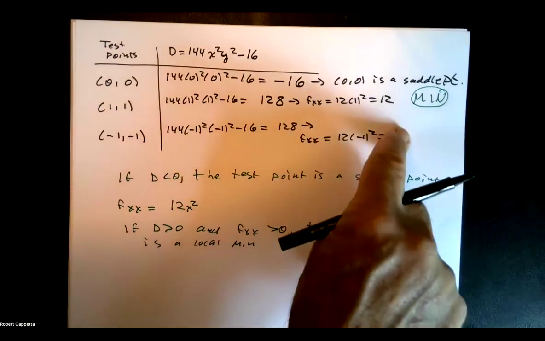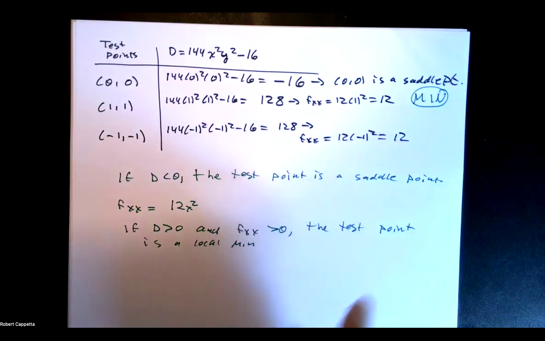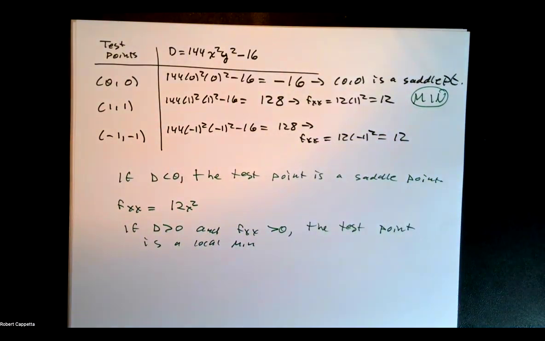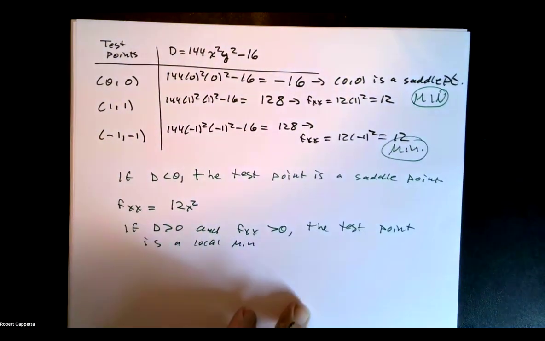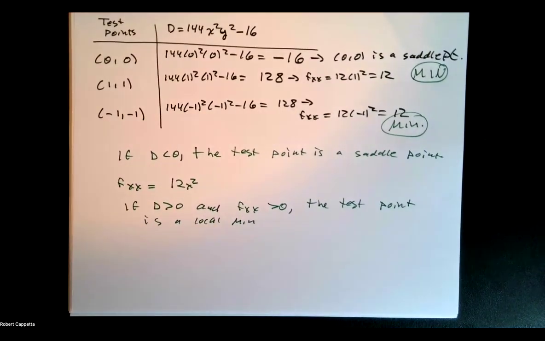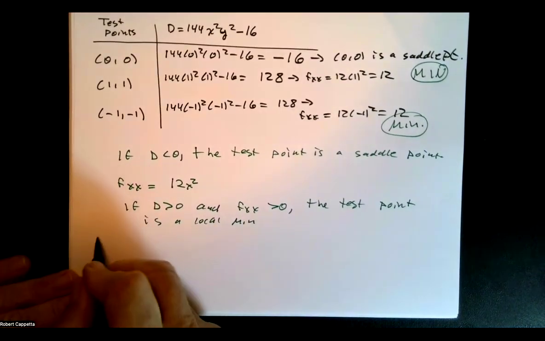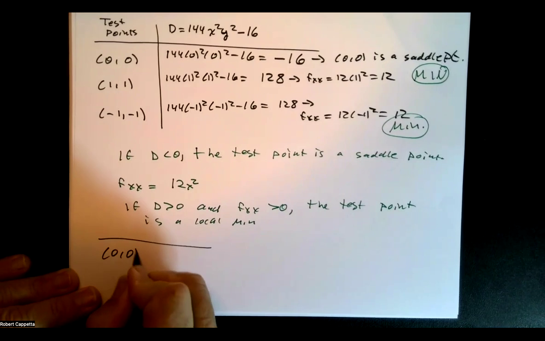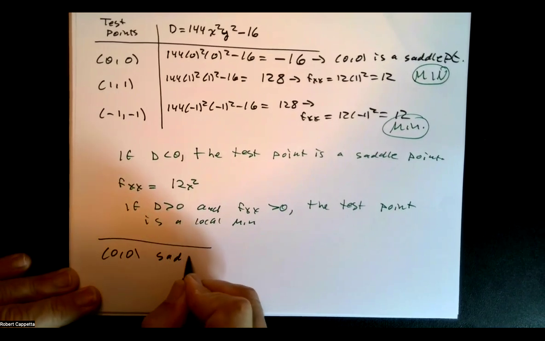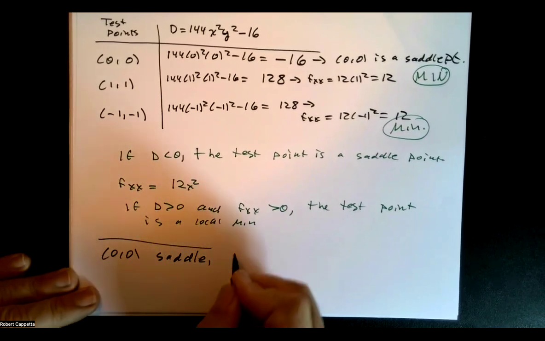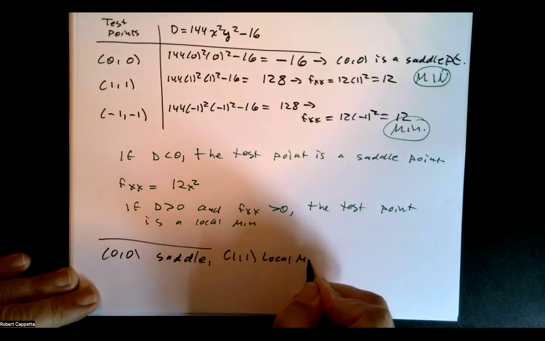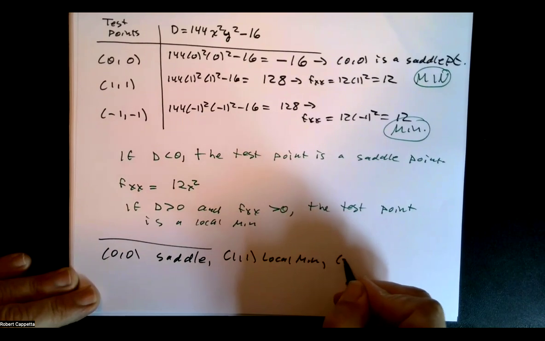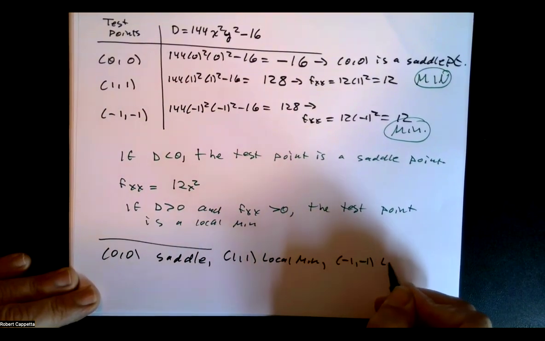Fxx is positive, it is 12. Therefore, we are going to have a minimum. So my conclusion is 0, 0 should be a saddle point. 1, 1 should be a local min. And -1, -1 should be a local min.